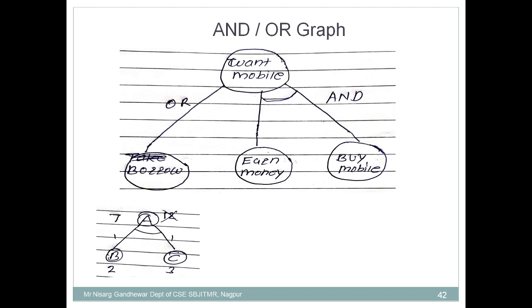The g value represents the cost of that particular path, whereas the h value represents how far you are from reaching the goal state. Initially for this node A, its h value is 12, but after we trace this graph, its h value is changed to 7, because it is an AND graph.